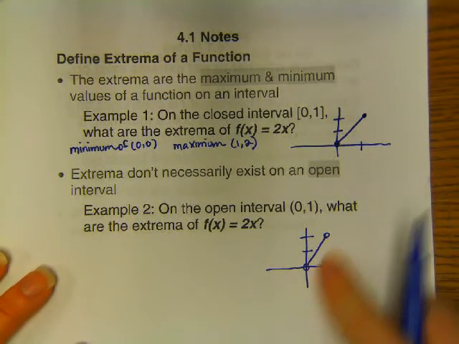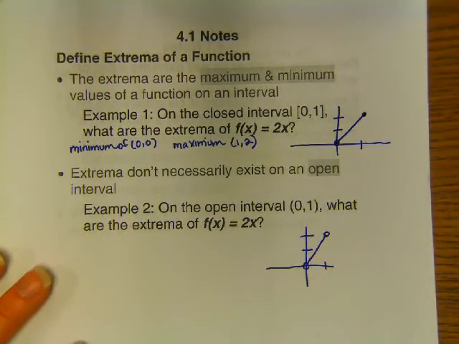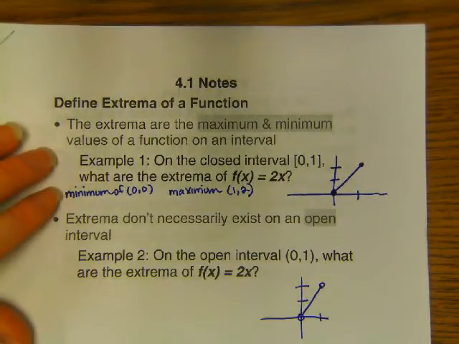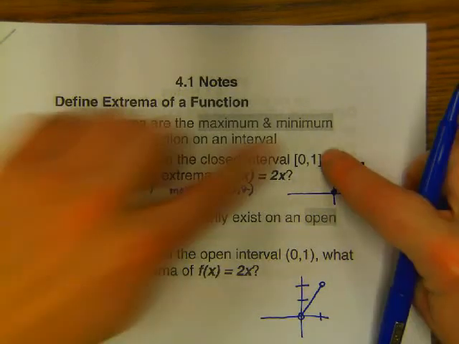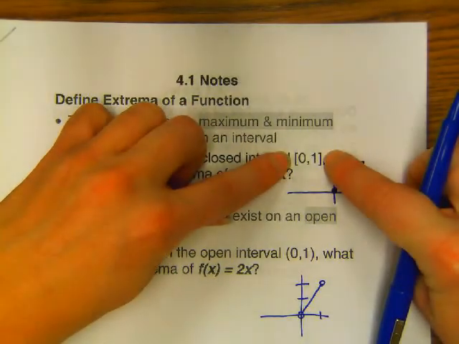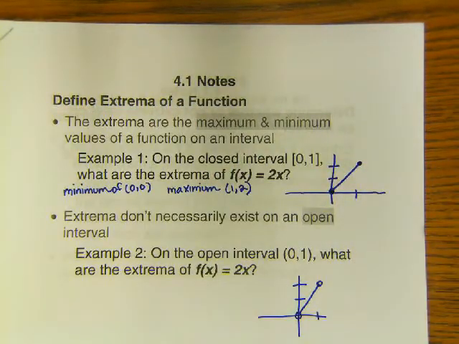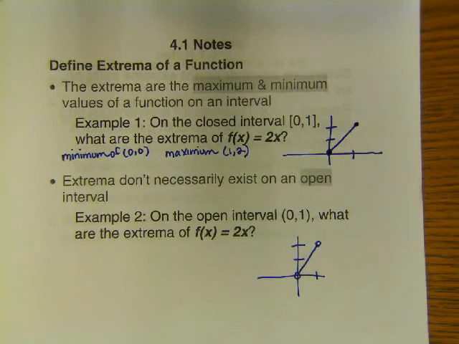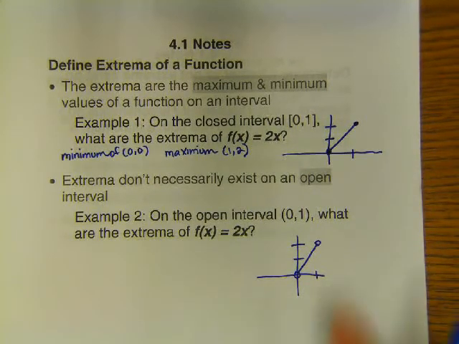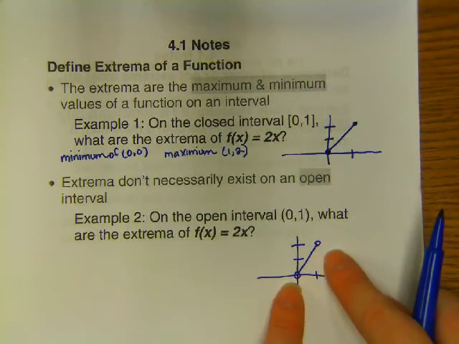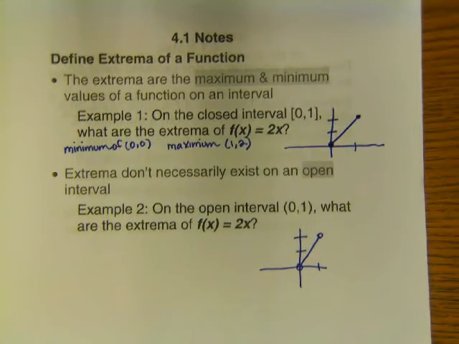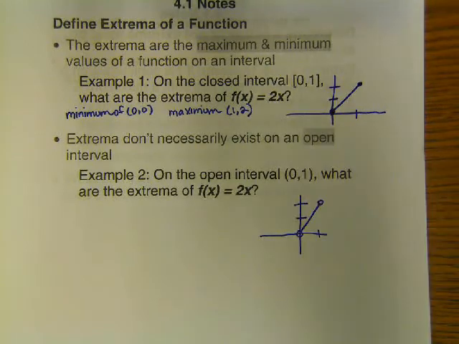Okay, so no matter what, if something is a closed interval, and closed interval means these are brackets here, there is going to be both a maximum and minimum. Has to be. It's guaranteed. However, on an open interval, it is not necessarily true. Okay, so one thing that I want to show you then is just kind of a couple pictures of some open and closed intervals to demonstrate this.